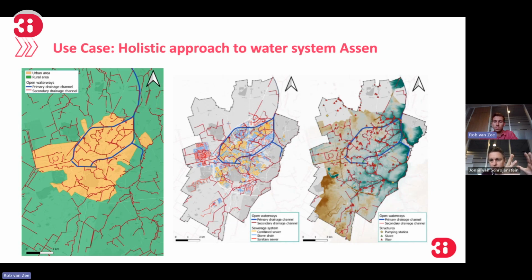We took the whole city as a whole, including the sewage system and the outskirts, the rural areas, to have the inflow into the city as well. By doing so, we have a good grasp of the actual flow in the urban system.